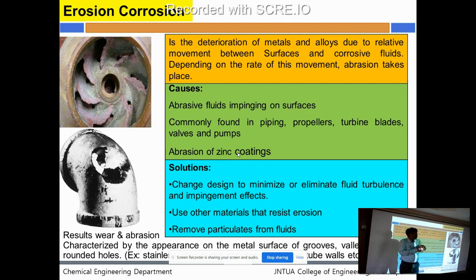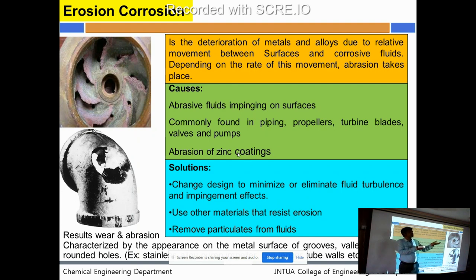What will happen if it is taking the surface? For the time being, assume this metal has a metal oxide layer. What will happen if my corrosive fluids are moving at a very high velocity near the surface? It tries to remove this oxide layer because of the high velocities. So my metal now does not have the oxide layer.